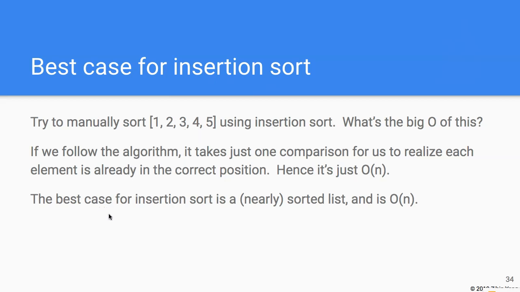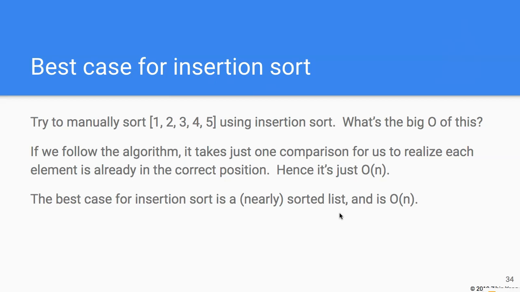And this is the best case scenario for insertion sort. So as we said earlier, in a sorted list or in a nearly sorted list, it's on the order of n. And that is great. That is actually the best that any sorting algorithm can do in that particular scenario, because you do have to at least look through the entire list once to realize something is already sorted.